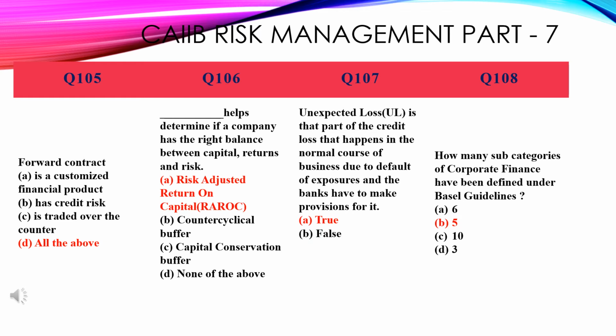So the forward contract could be for any specified amount, let's say US dollar 1,13,363 or something, and the date of maturity of the forward contract too could be customized. As there is no central counterparty, the forward contract has the credit risk that the customer may fail to meet its commitment under the forward contract.